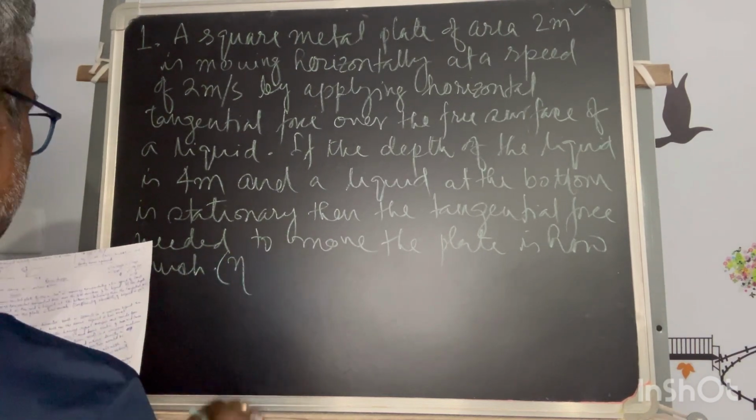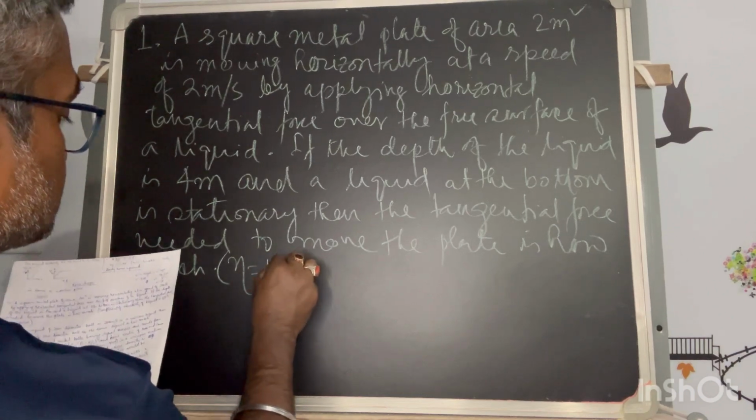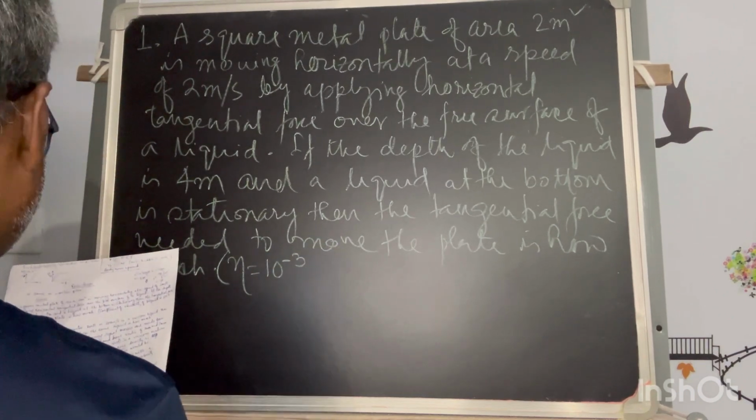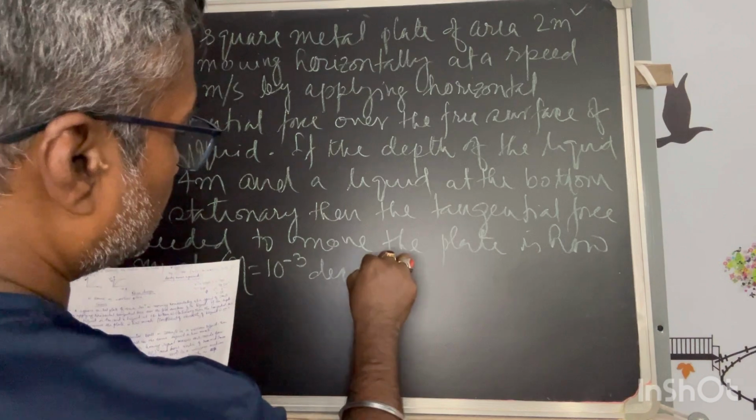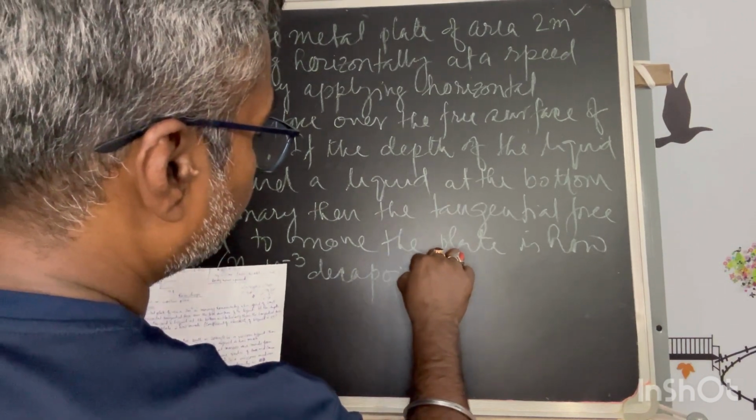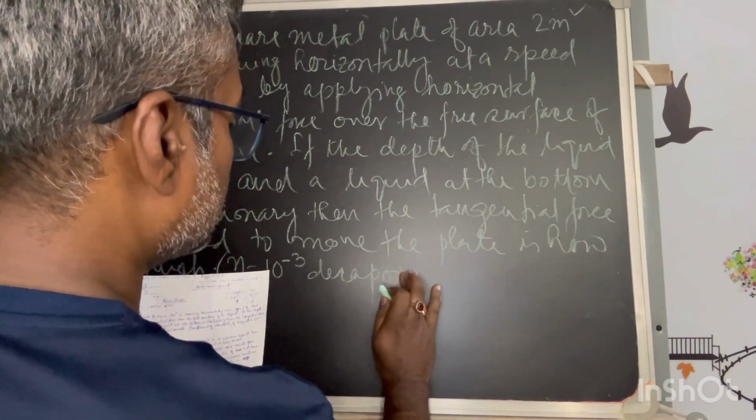Given the coefficient of viscosity is 10 to the power minus 3 decapoise CGS.